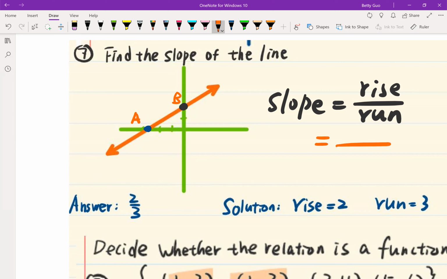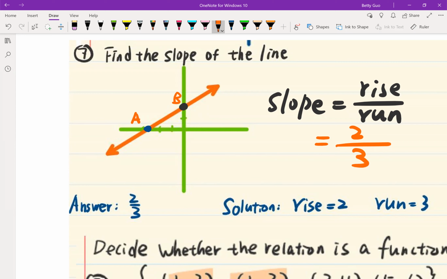You go from A to B, so you go up, and your rise is positive. How many units go above? 2 units above. And from A to B, you are going to the right, so that's positive. How many units do you go horizontally? 3, exactly.